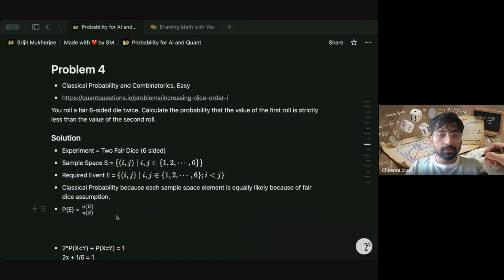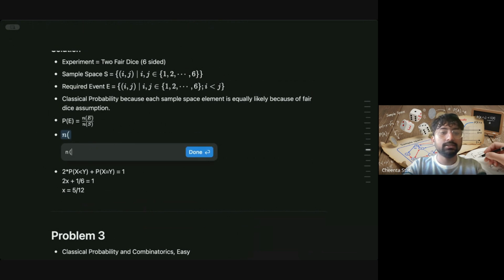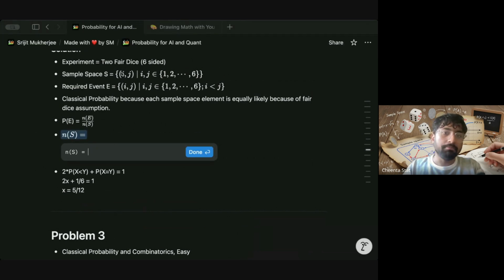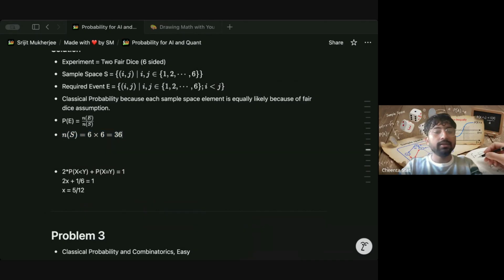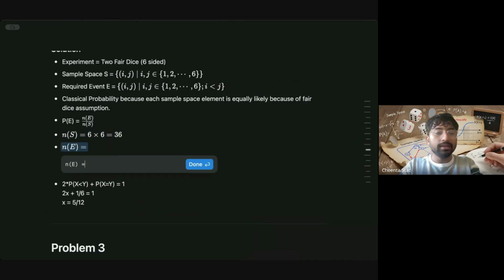Now, you already know the number of elements in S. By the multiplication theorem, since it's a Cartesian product, it's 6 times 6. And the number of elements of E is what we need to count.